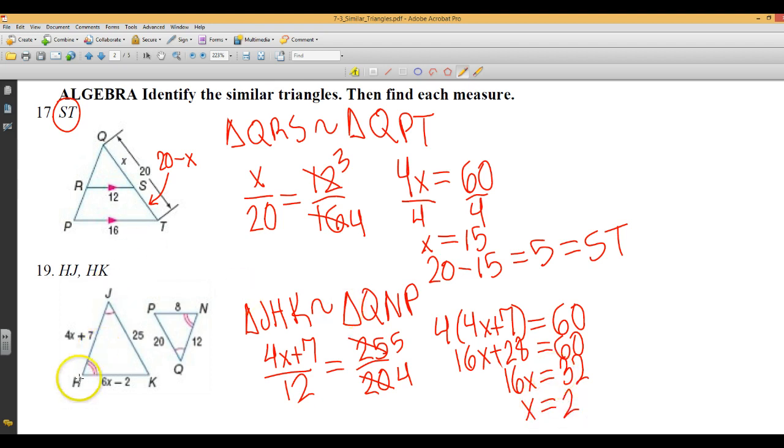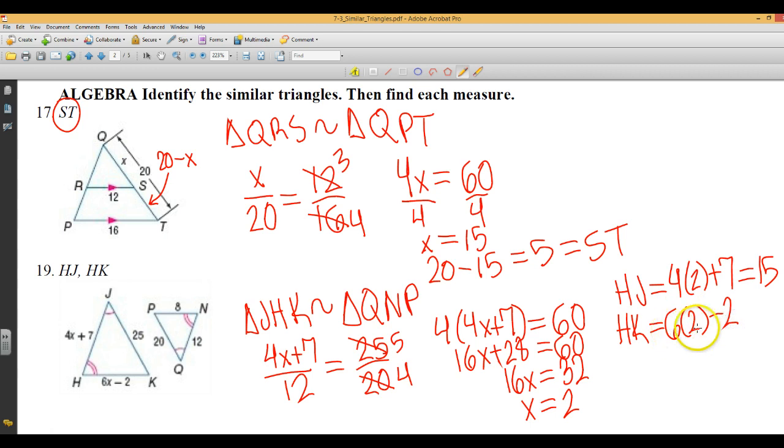Then we'll substitute that in for HJ and HK. For HJ, we would have 4 times 2 plus 7, and 8 plus 7 gives us 15. And for HK, we would have 6 times 2 minus 2, so that would be 12 minus 2, which is 10.